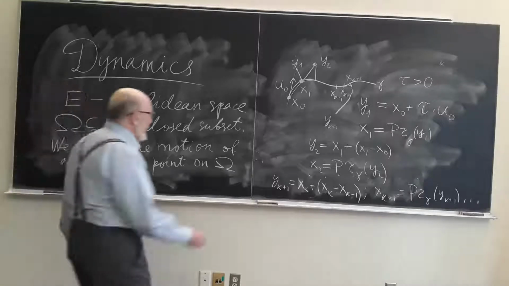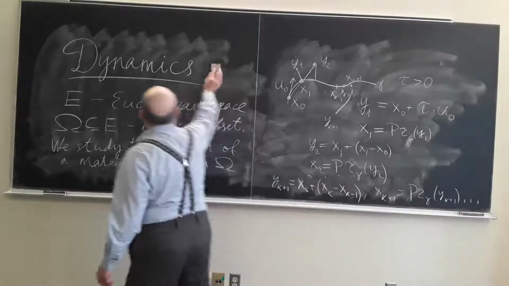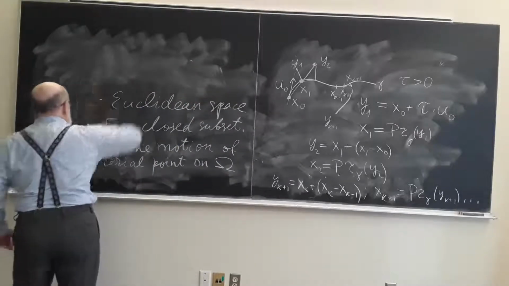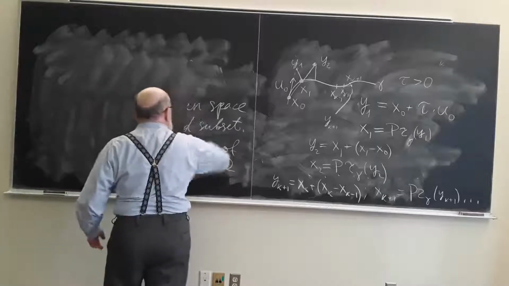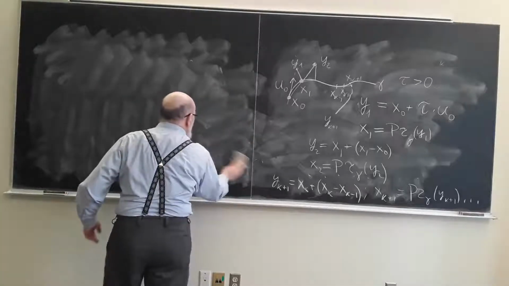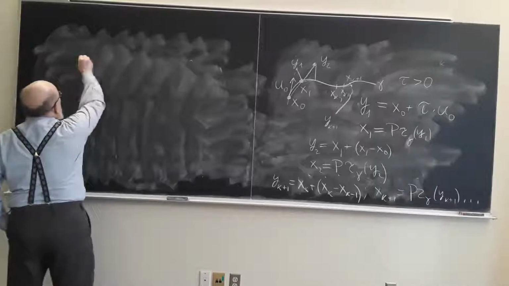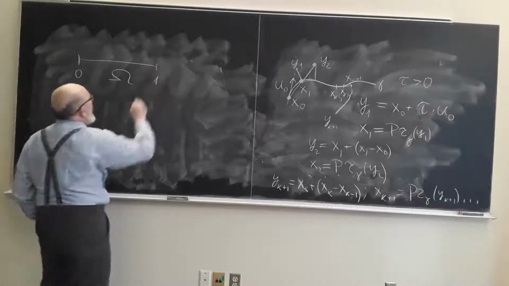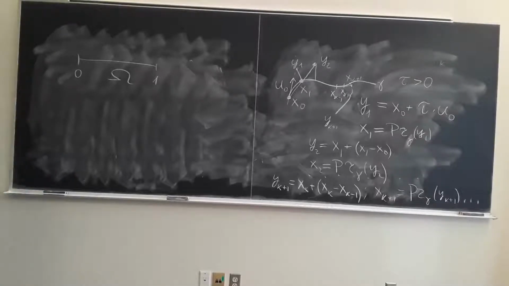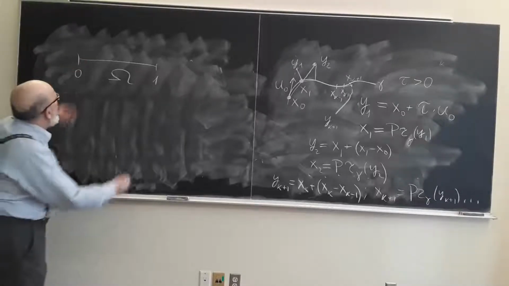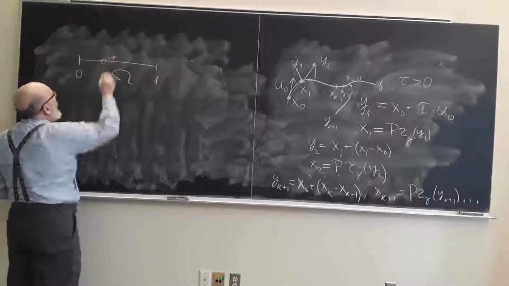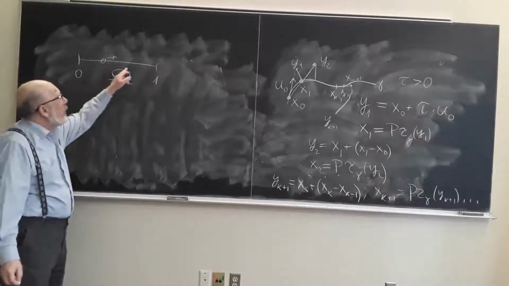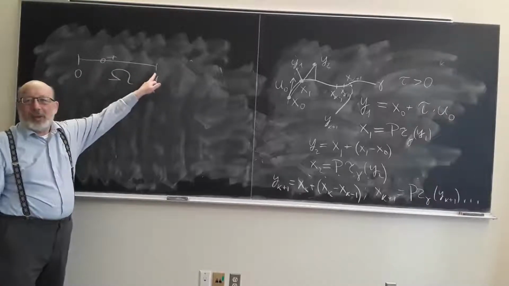For example, suppose that our omega is just a segment from 0 to 1. This is our omega. So when a point moves along this line, it moves with constant speed. But what happens when it hits the end?